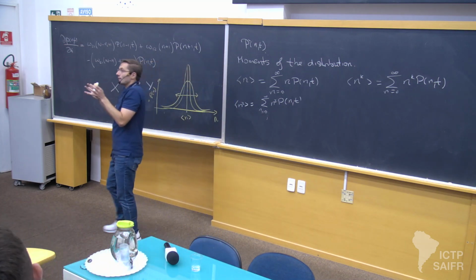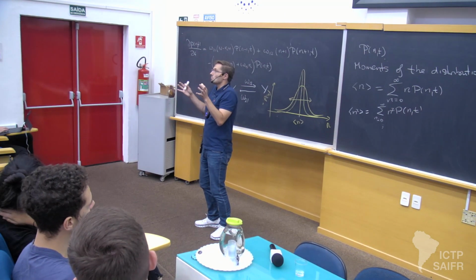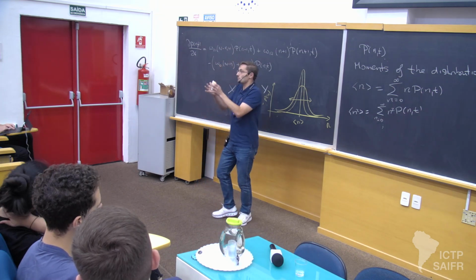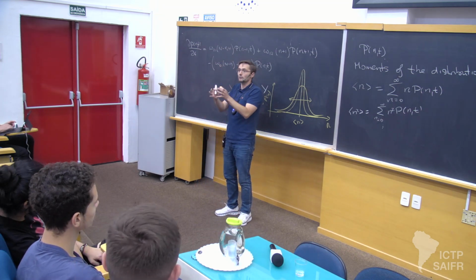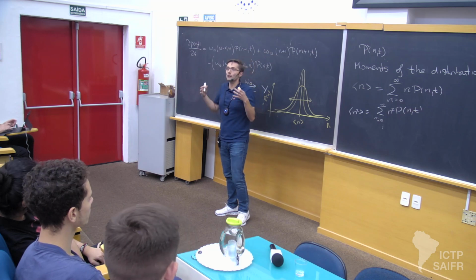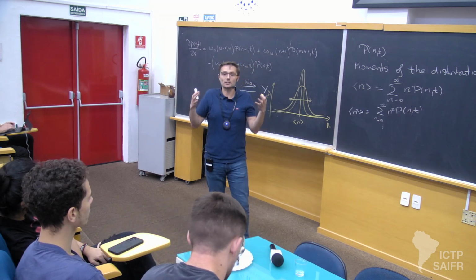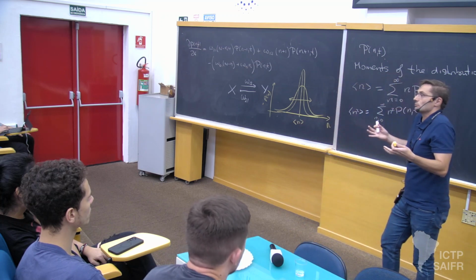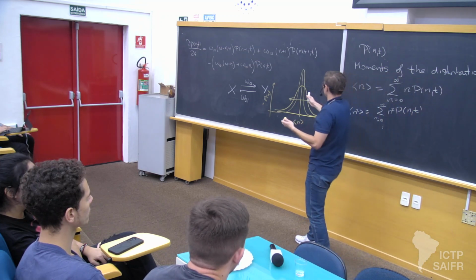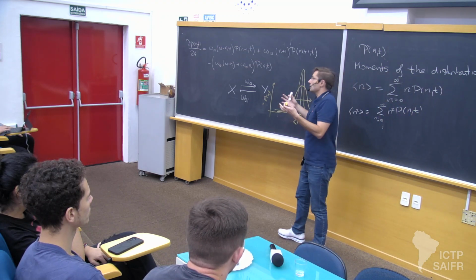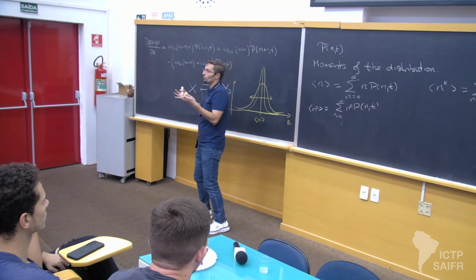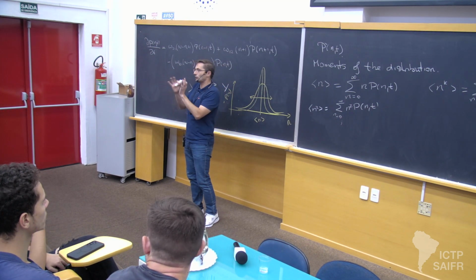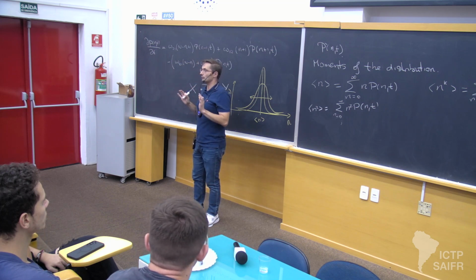So it gives me an idea of how much my number of particles are dispersed around the mean value. It's a way of saying, the full distribution I cannot get, so I try to get partial information. For example, if I give you the first and the second moment, I don't know if my distribution is a binomial, but I know that on average I will have 10,000 particles and that the fluctuations are not going to be very relevant around it.